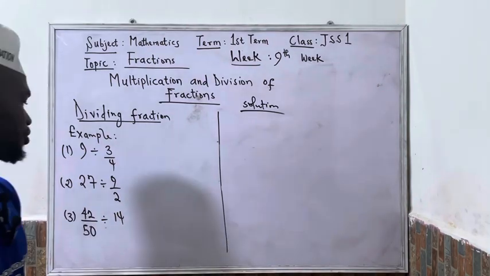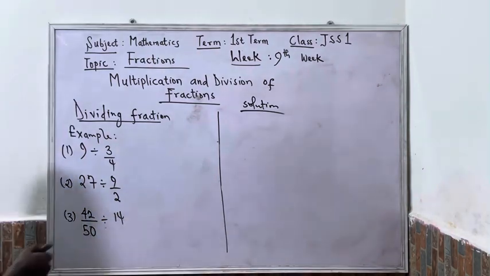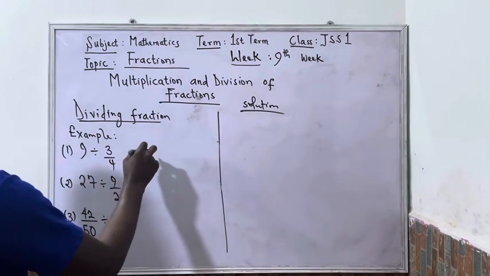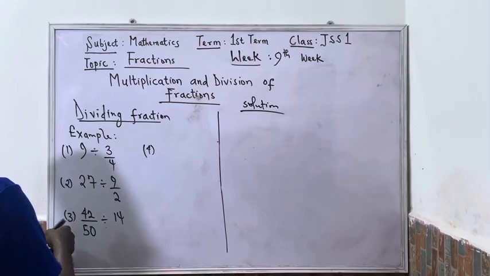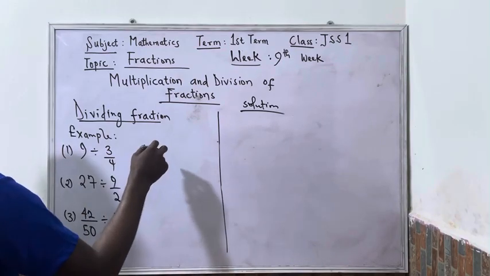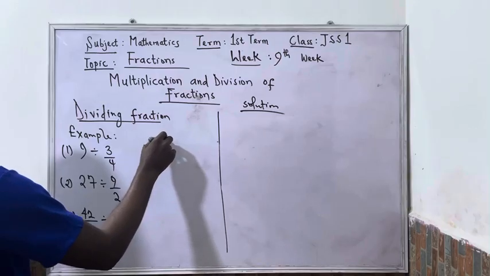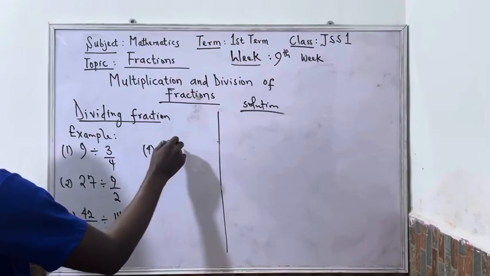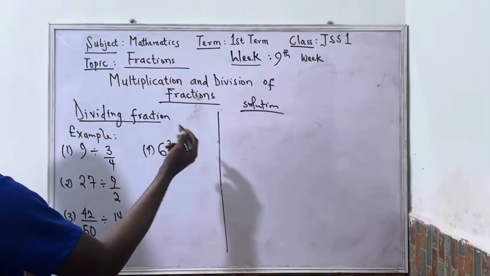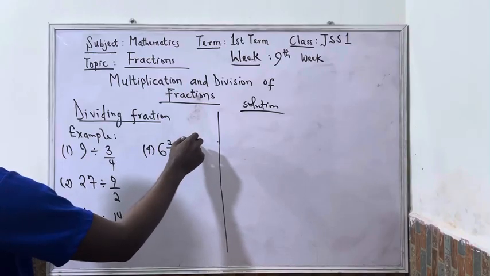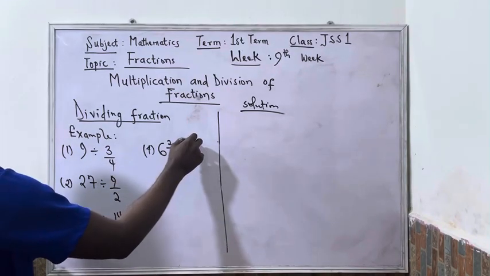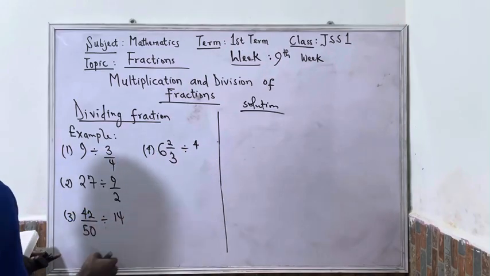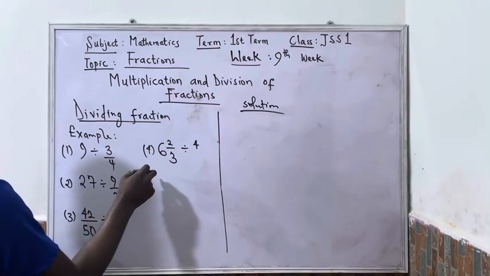Yes, divided by 14. Okay, this will be the final step I'm taking. Let me give one more example. You can even have a mixed fraction being divided by a whole number. Let's say we have 6 whole number, 2 over 3, divided by 4.